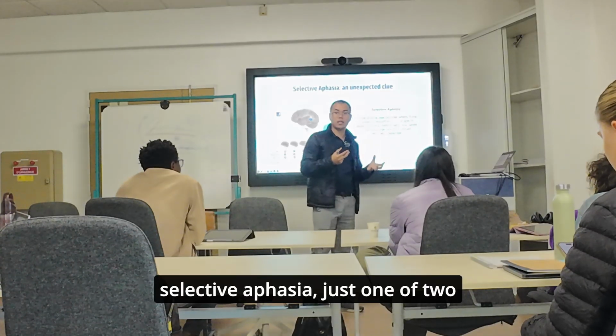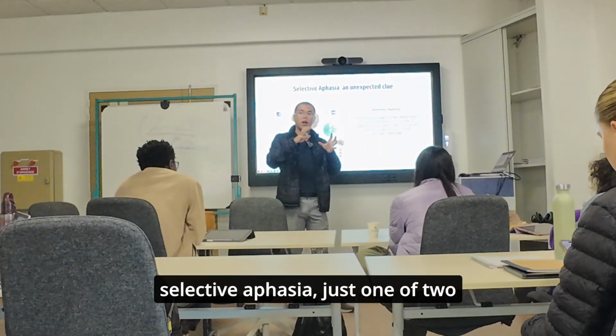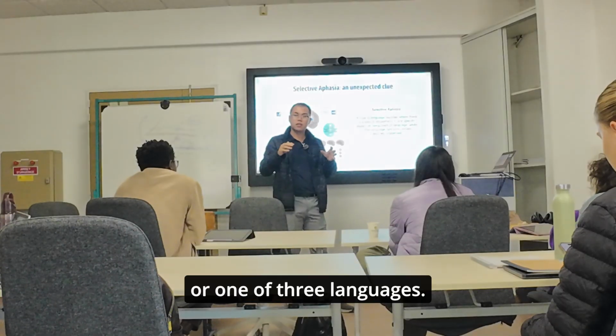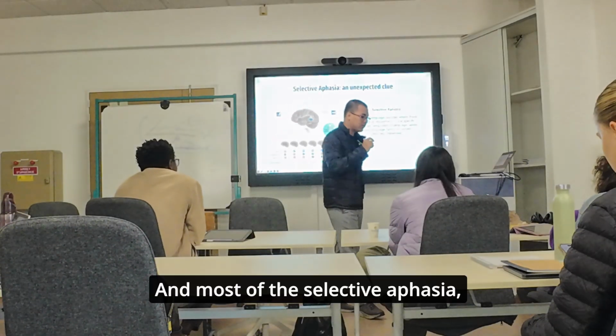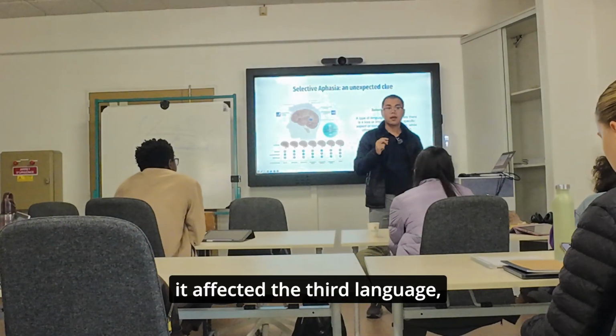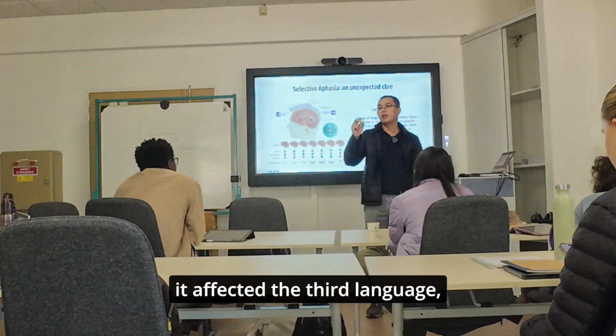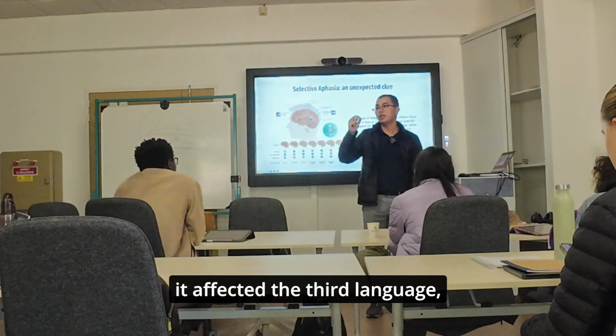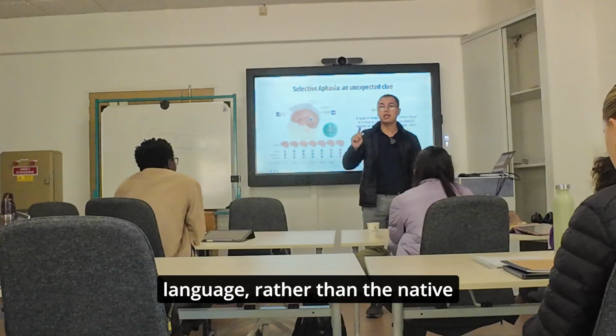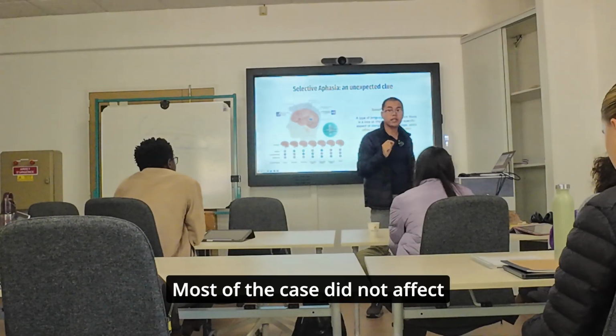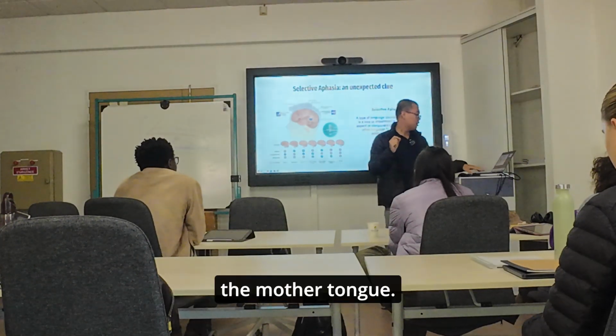That's selective aphasia, affecting just one of two or three languages. Most of the time it affects the second or third language. In most cases, it doesn't affect the mother tongue.